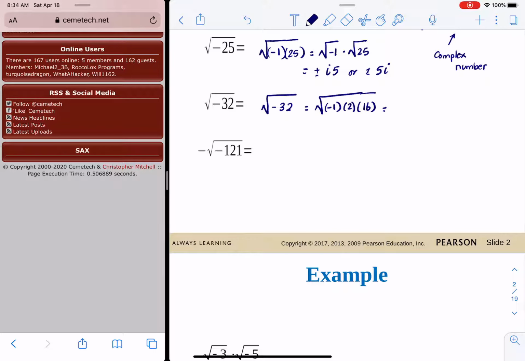So we can split it up and write it as the square root of negative 1 times the square root of 2 times the square root of 16. The square root of negative 1 is i. There is nothing we could do about the square root of 2, we'd leave that as is. The square root of 16 is 4. So we could write it as i times 4 square root of 2, and plus or minus in the front.